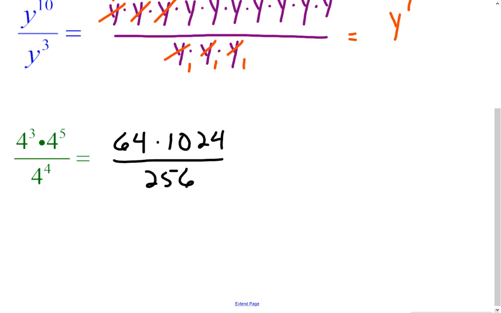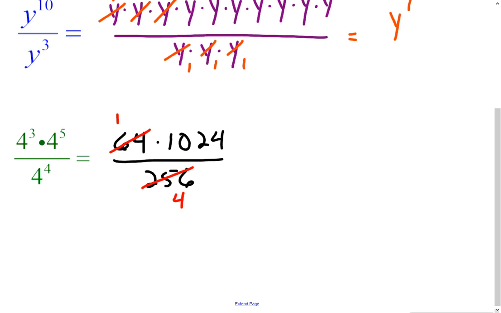But now we look at this and go, well, can I simplify anything here? Well, the answer is yes. There's lots of different things that we can simplify. I would start looking at this going, well, 64 will go into 256 4 times. So I can look at this is going to divide by 64 and become 1. This is going to divide by 256 and become 4.